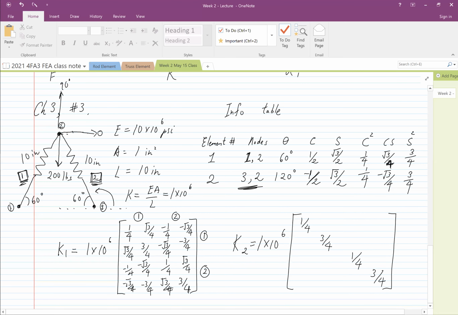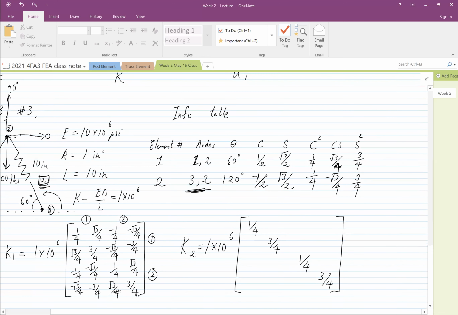Okay, SC positive, SC negative, and then SC positive. They are always diagonal symmetry, so whatever you write here, you write the same thing along the symmetrical line.